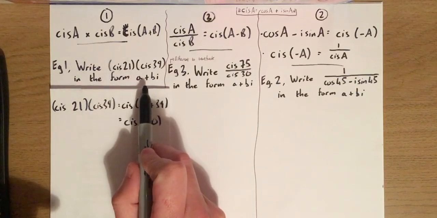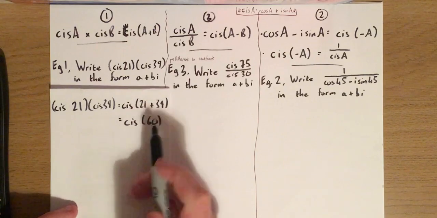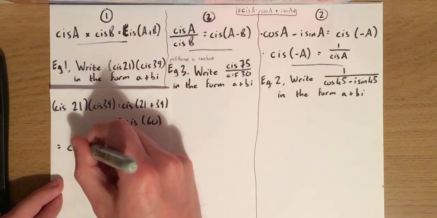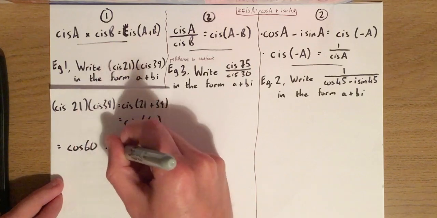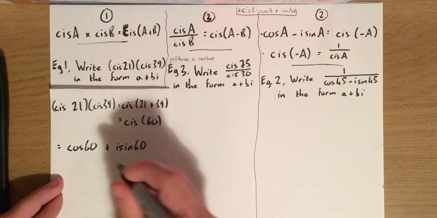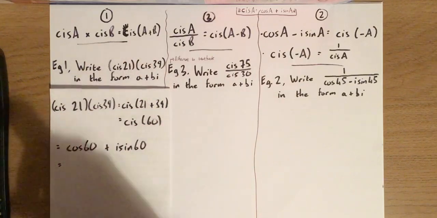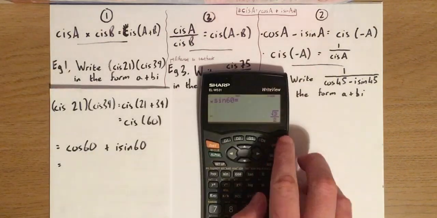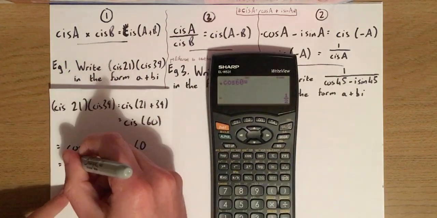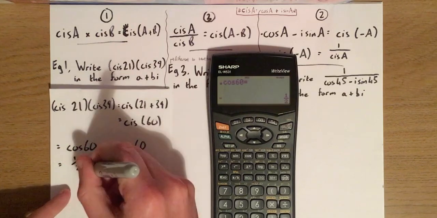To write it in rectangular form now, I will write cis out in full. So cis 60 is cos 60 plus i sine 60. So just evaluate this on the calculator then. The cos of 60 is a half.